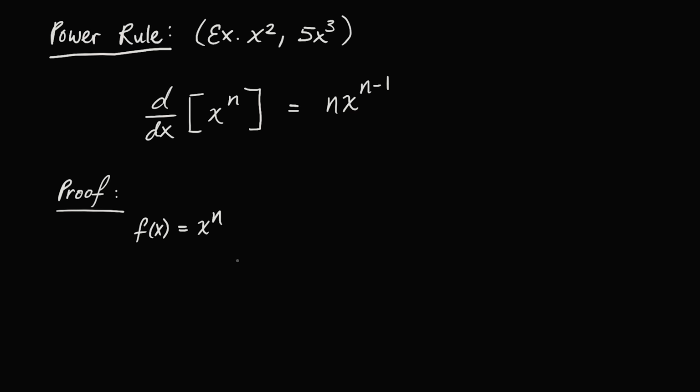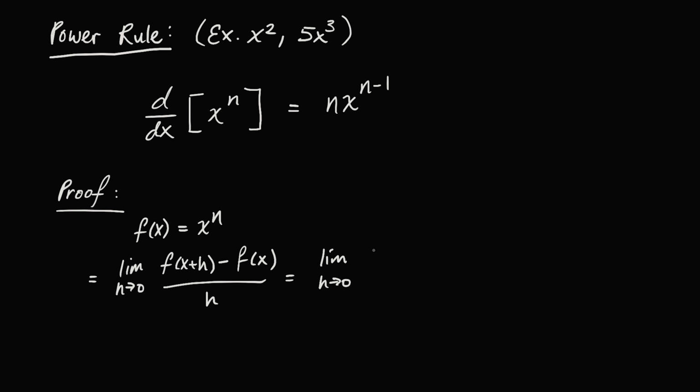Now we can use the difference quotient: the limit as h approaches 0 of f of x plus h minus f of x over h equals the limit as h approaches 0 of x plus h to the nth power minus x to the nth power over h.